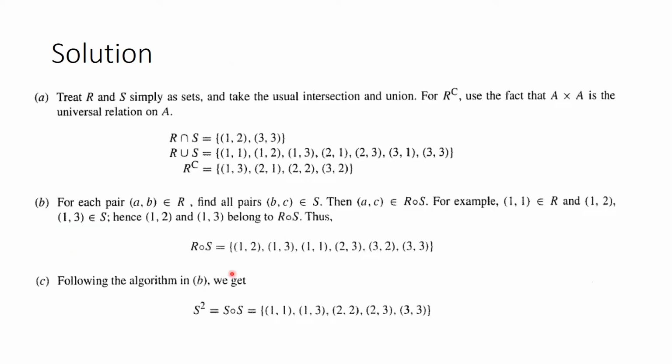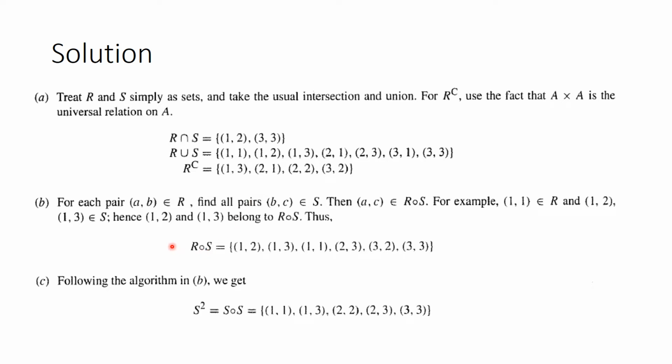So here are the answers that you should have gotten. R union S is this collection of ordered pairs. R intersect S is this collection of ordered pairs. This is a different notation, but that's the complement of R. And notice that we use the fact that A cross A is the universal relation on A, so we're using that as the set from which we draw the complement.